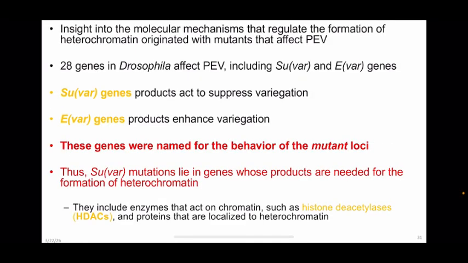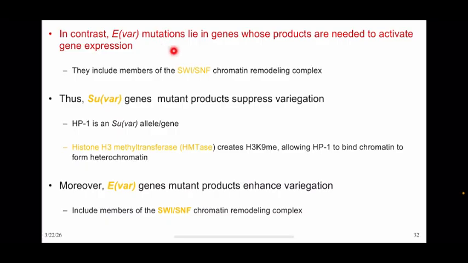But the mutated E genes enhance variegation. That means they are going to enhance heterochromatin formation. So the E mutations are found in genes whose products, or proteins, are needed in activating gene expression, or undoing heterochromatin formation. And these proteins are members of the SWI-SNF chromatin complex.